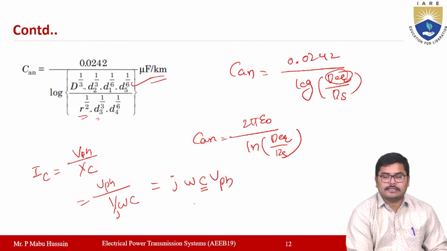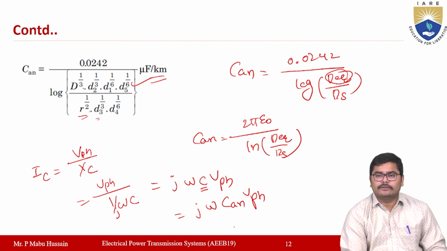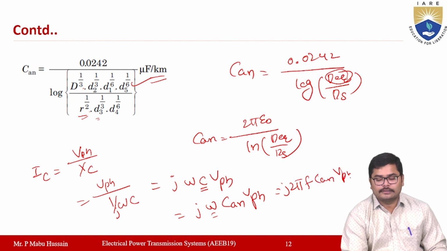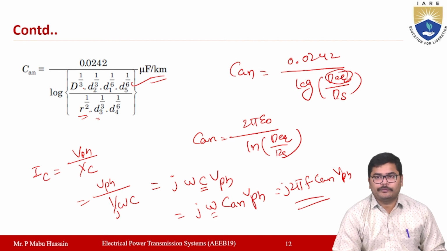So here this capacitance is nothing but per phase capacitance. You can write it as CAN V phase. Okay. So this omega here is nothing but 2 pi f. So this can be written as j 2 pi f CAN V phase. So like that you can calculate the charging current.